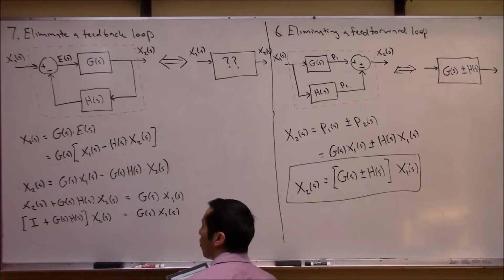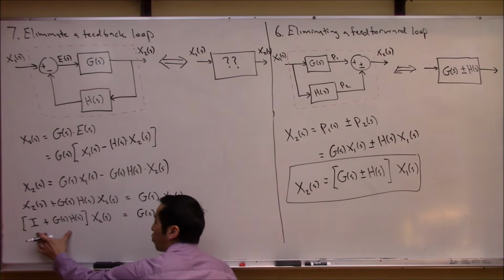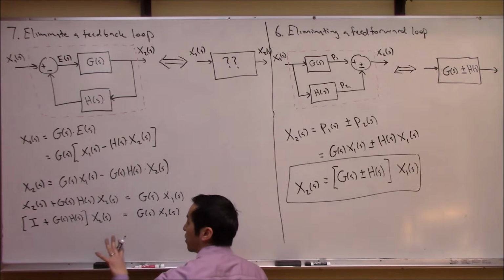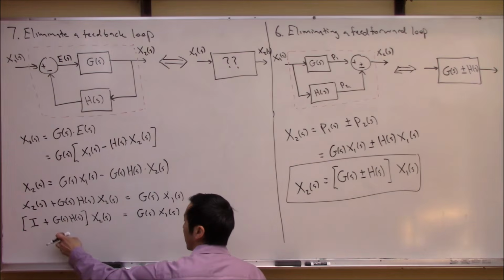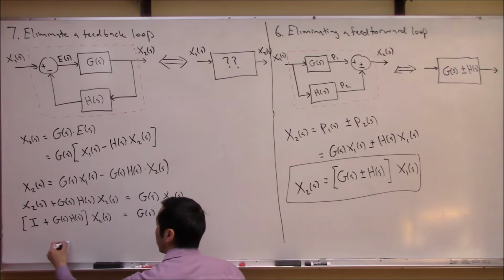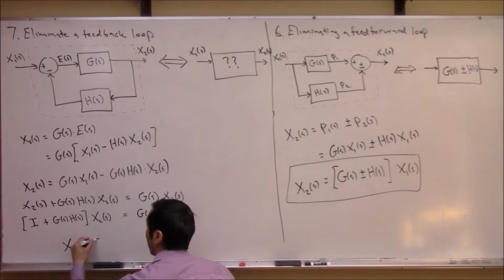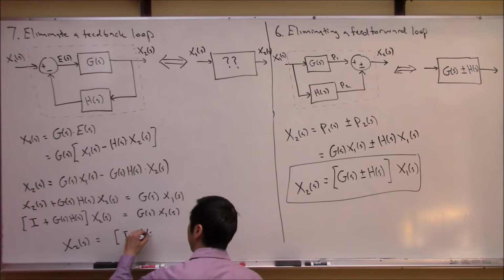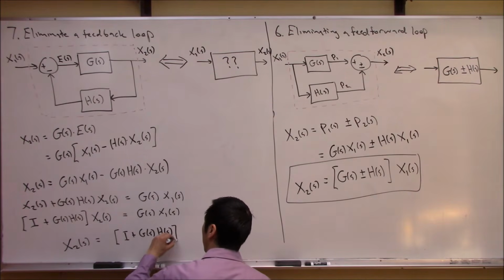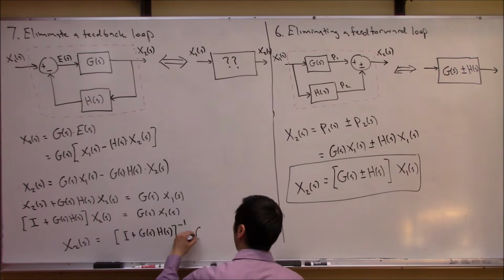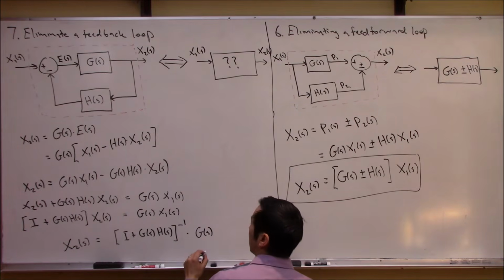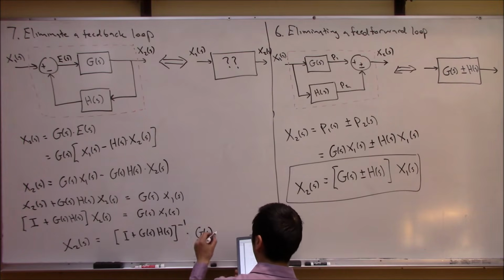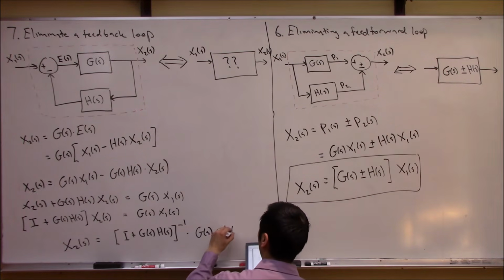Now let's assume that the inverse of this thing in square brackets exists. So I can left multiply by the inverse of this thing on both sides to get x2 by itself. So this is identity plus g h, inverse, times g, times x1 of s.